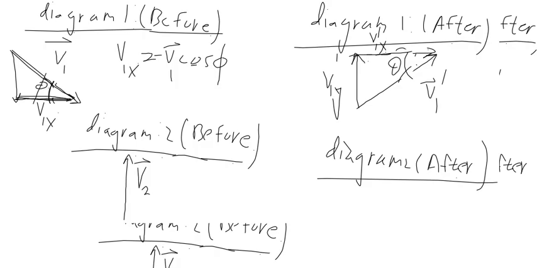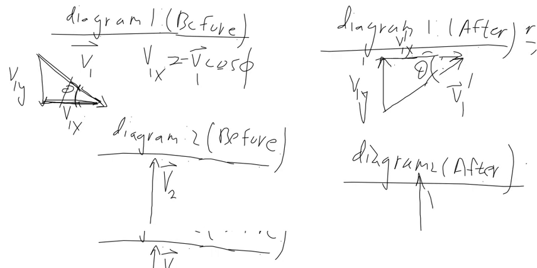So diagram 2 will look like this, and it will be moved like this. So v2 prime is like this. I'll call v2 prime with a vector. So we have diagram 1, diagram 2, diagram 1 after, diagram 2 after.